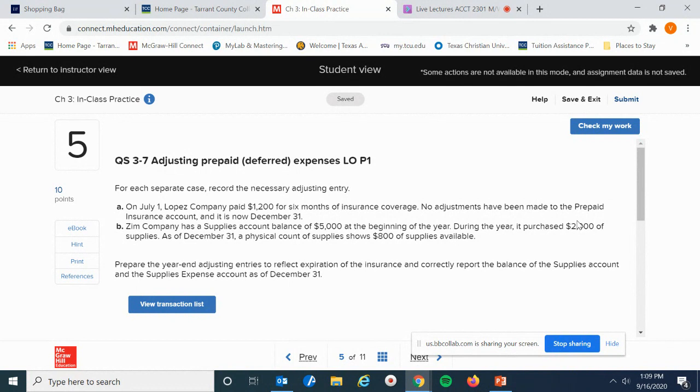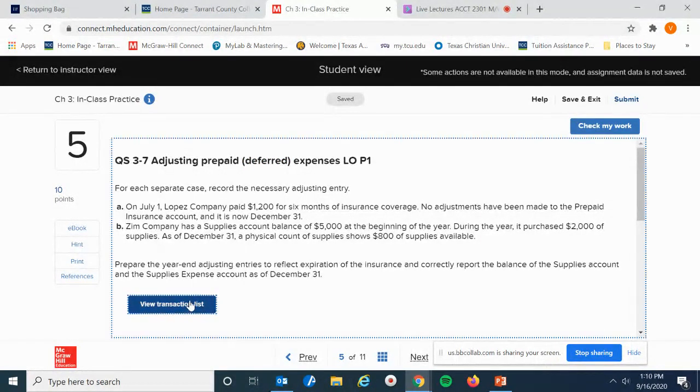Remember what I told you earlier, you will not be able to work the problems correctly and prepare the journal entries correctly unless you understand the original transaction. So let's take a minute, read through. Again, keep this in mind. These are deferred expenses. So I want you to be thinking prepaid expenses, and then we'll work on the problem together.